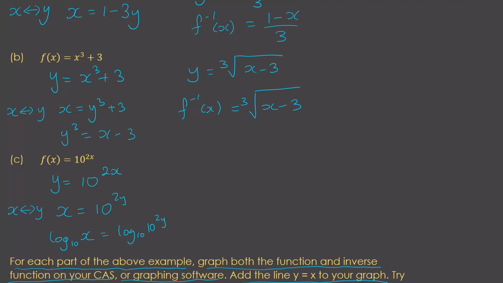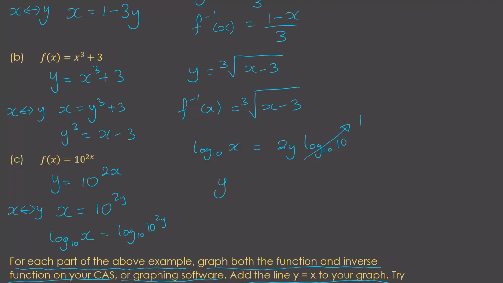Now there's a log law that says that on the right hand side there, I can bring down the 2y, which is log to the base 10 of 10, and log to the base 10 of 10 is 1, is another law.